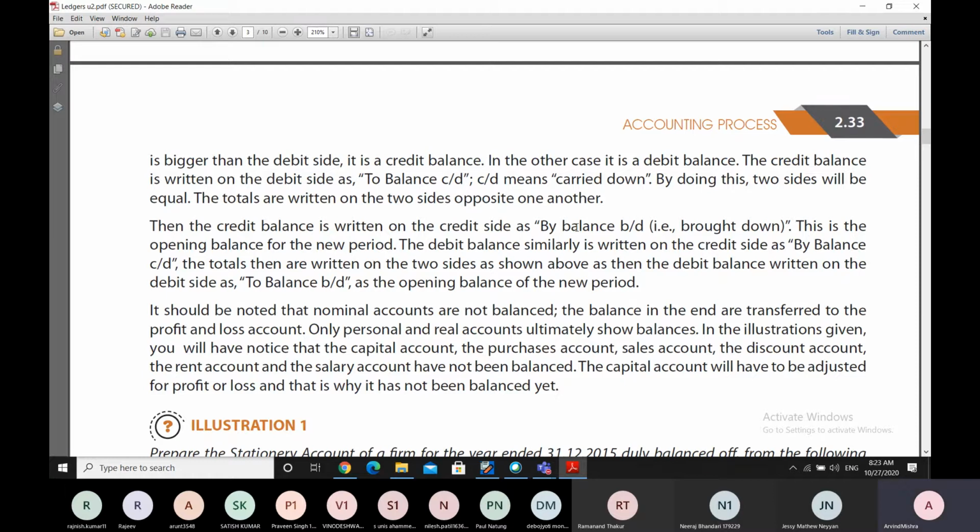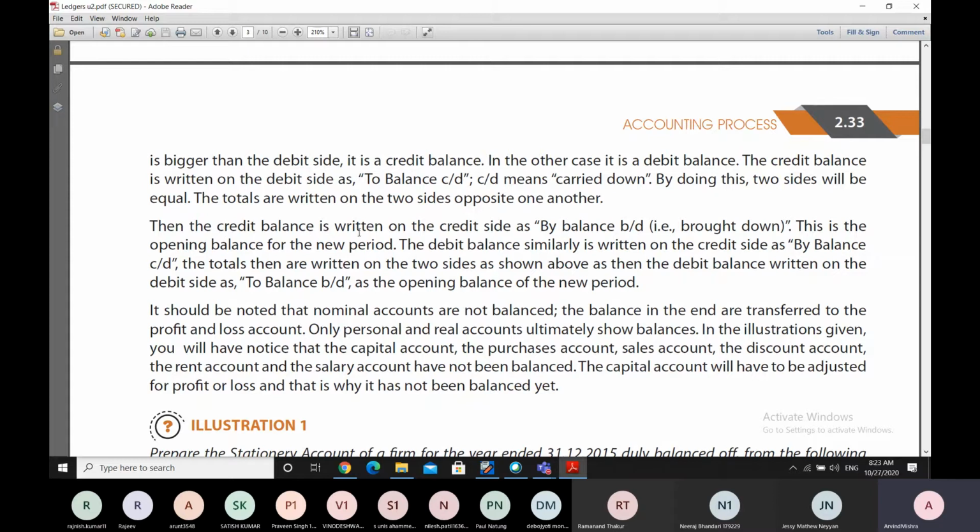So whenever we make the entry on the debit side, we write "To balance carried down", and whenever we make the entry on the other side, let me just clarify once again that we have to read this.